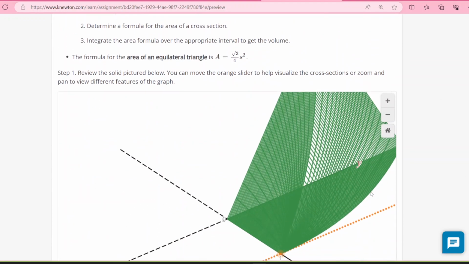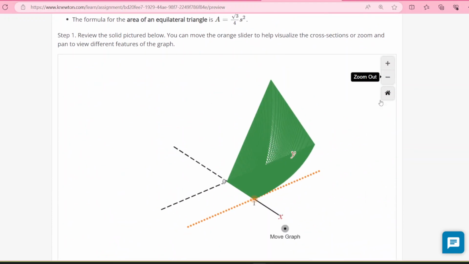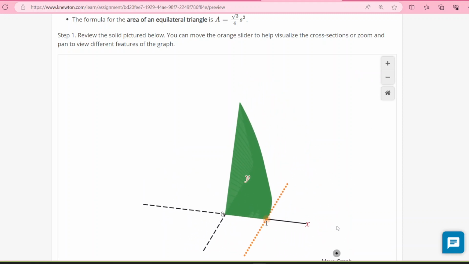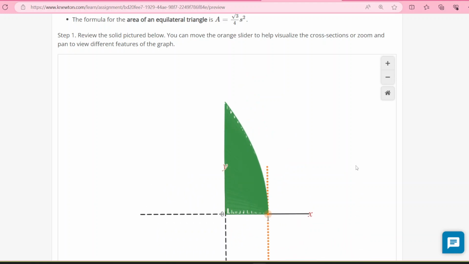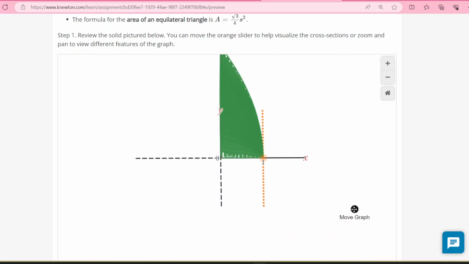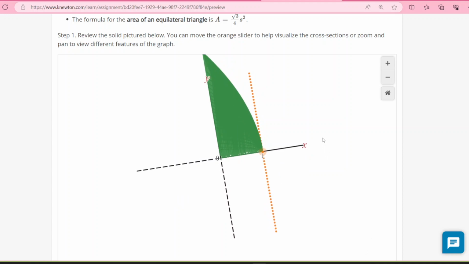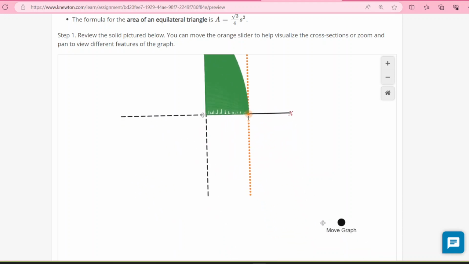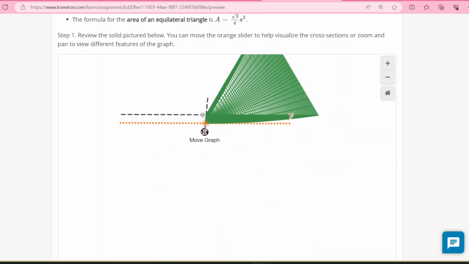They probably have a picture of the shape here. Let me zoom this out a bit. If you look at it from above, you can see the kind of square root function we were talking about. Or this isn't fully above. And then if you look at it from the right side, you'll see these equilateral triangles.